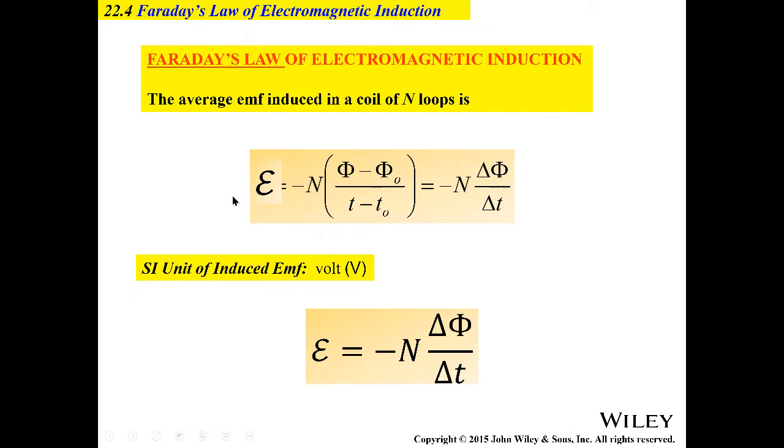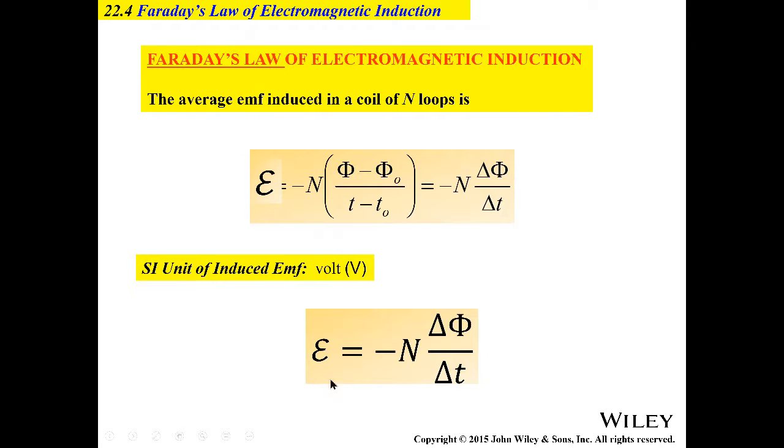It is the key feature of Faraday's law that the induced EMF is the negative of the rate of change of your magnetic flux. And the unit of induced EMF is volts.